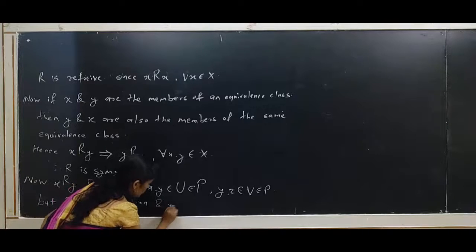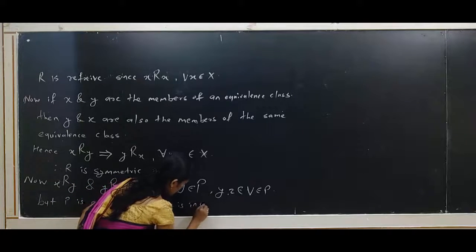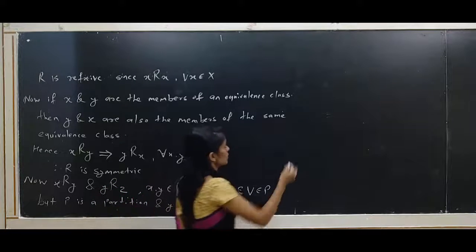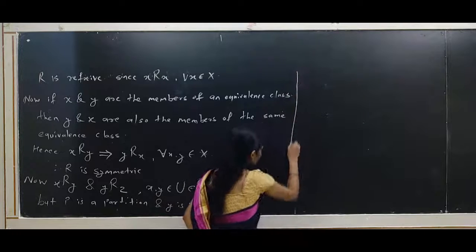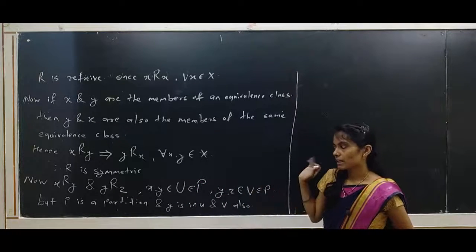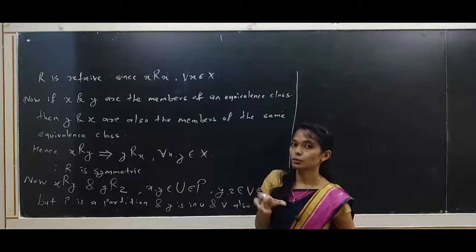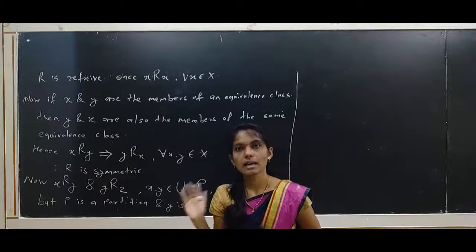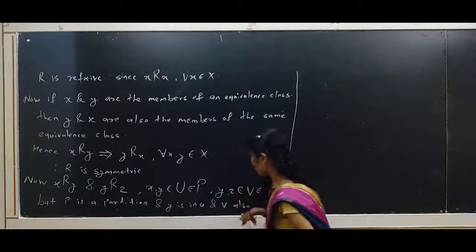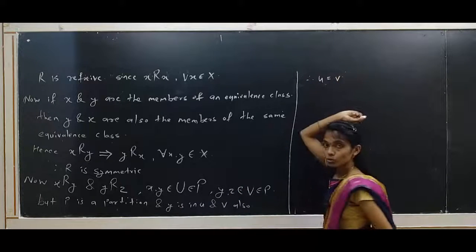And y is in U and V also. So see here, U and V are partitions of X. So we know that by definition of partition, if U and V are partitions, then their union is set X and their intersection is disjoint. So here y is common in U and V, so that means we get U is equal to V.